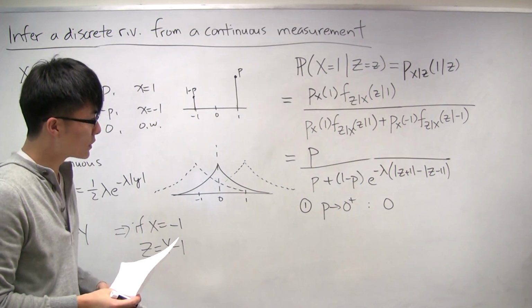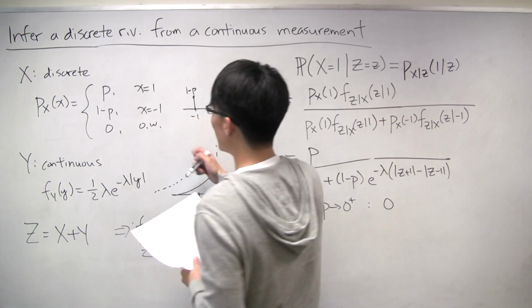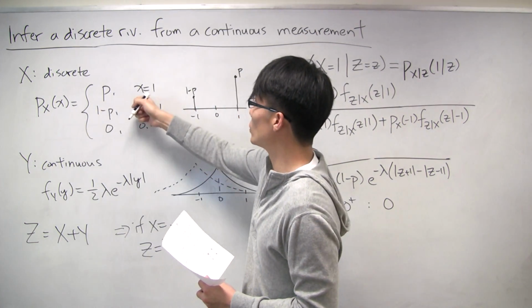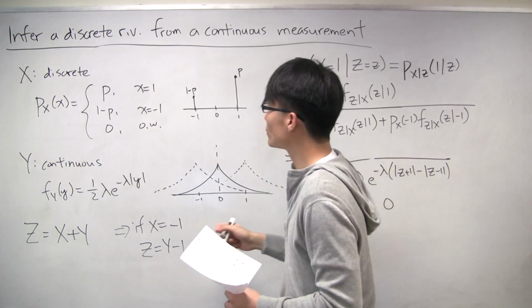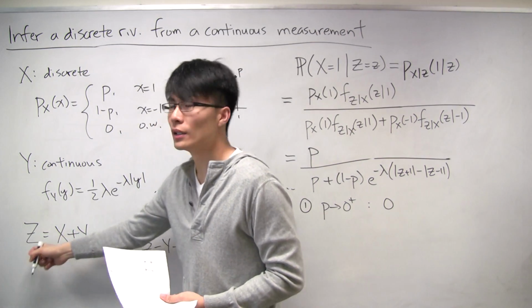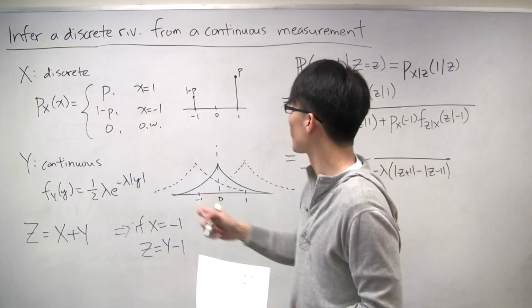Now, does that make sense? Well, when p goes to 0, that means that the probability that x is equal to 1 is 0. So even without thinking about y or z, there is already 0 probability that x is equal to 1.